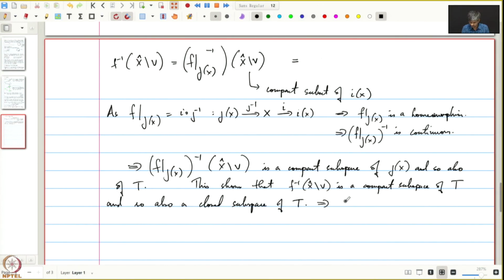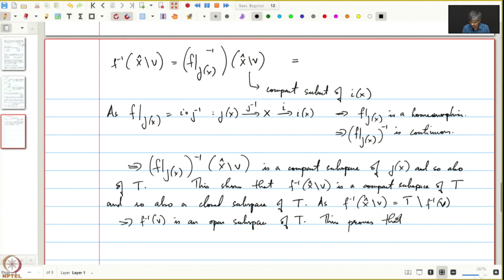But F inverse of X hat minus V is equal to T minus F inverse of V. This implies that F inverse of V is an open subspace of T. So this proves that F is continuous. So this completes the proof.